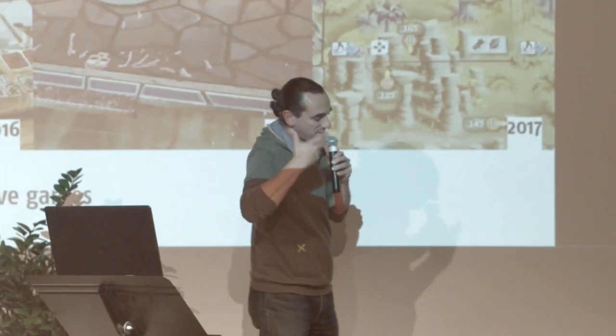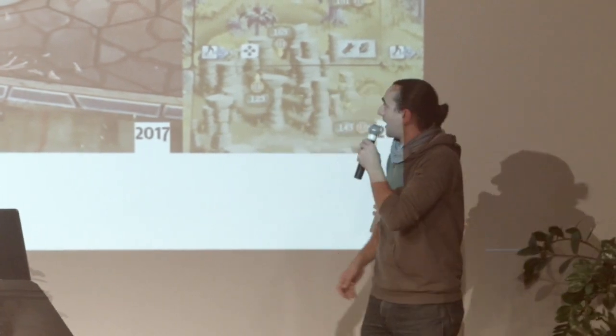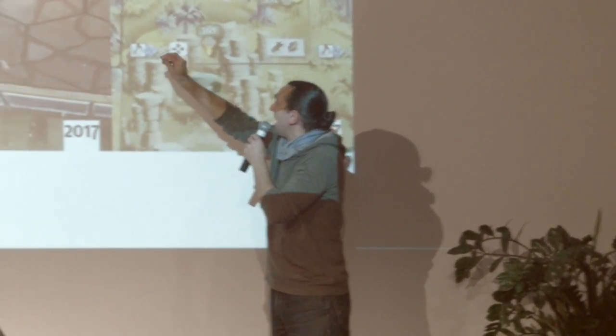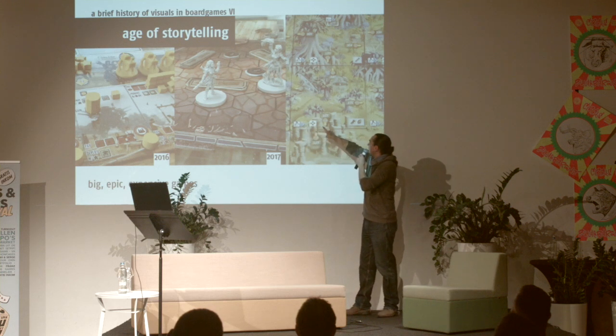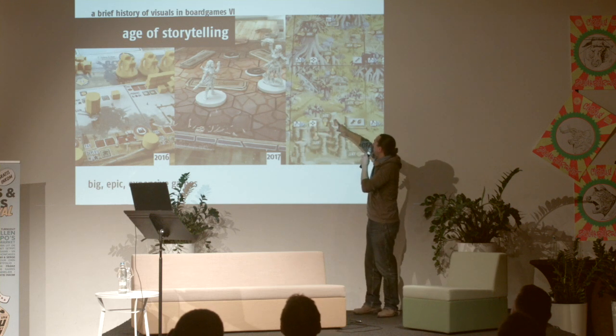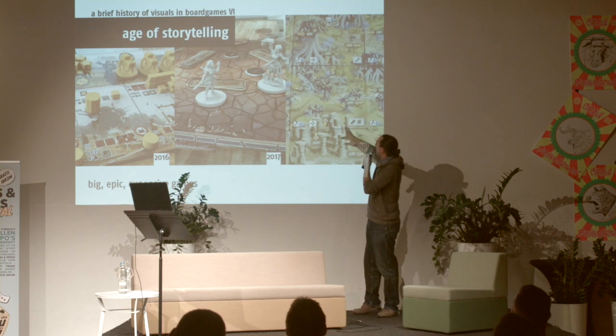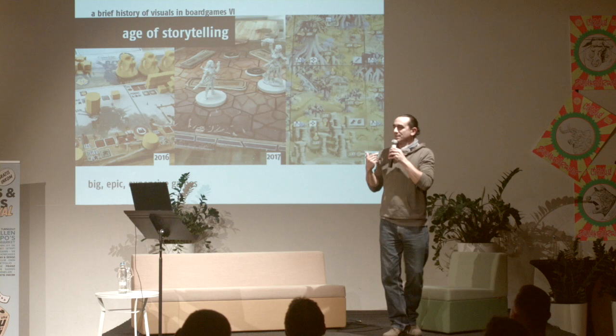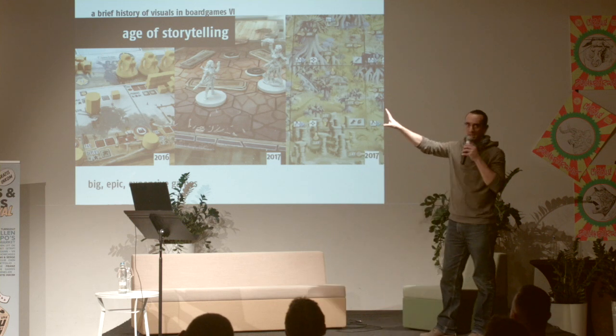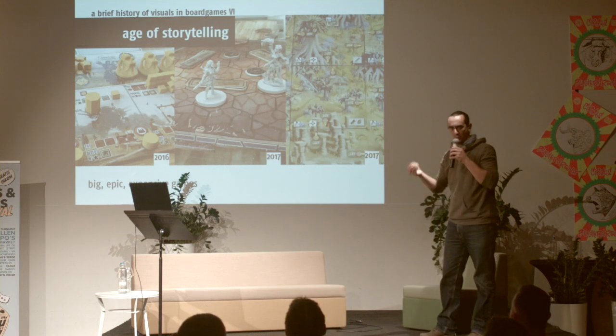An experienced board gamer might know, okay, it has to do something with moving. Here we have numbers and arrows pointing down and up, so it might be a reference. So experienced board gamers might have an idea what's happening without reading the rules.